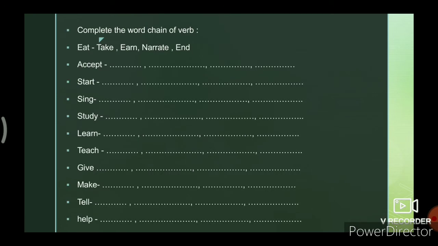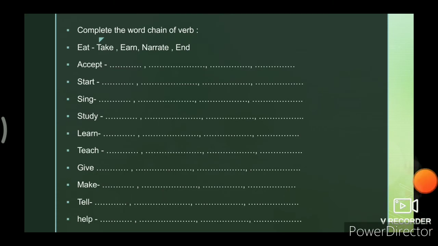Now look here, complete the word chain of verbs. Here they have given verbs and you have to write the words or verbs. For example, here is a specimen: eat, take, earn, narrate, end. In this way you have to write.